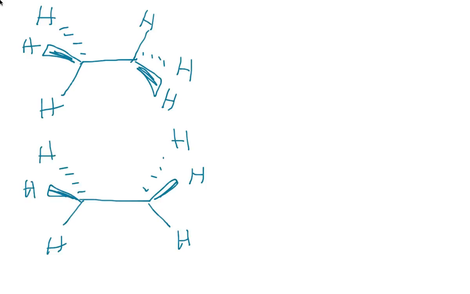Okay? And it's a little more useful to visualize the orientations if you're looking down one bond between carbons and seeing the front relative to the back. That's where we use the Newman projection, right?